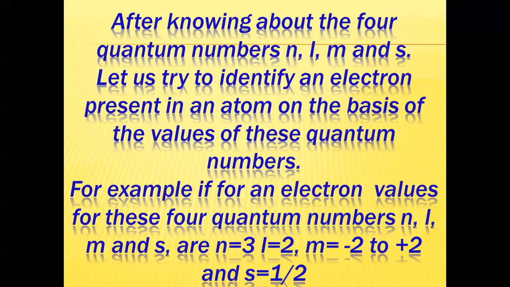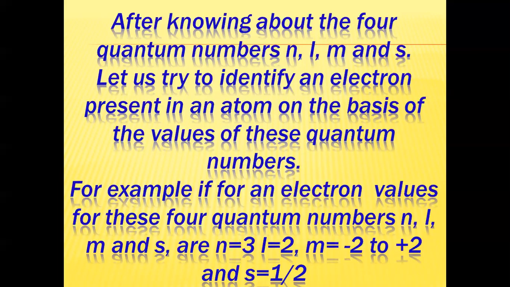Now, after having the knowledge of all four quantum numbers, namely principal quantum number n, azimuthal quantum number L, magnetic quantum number m, and spin quantum number s, we will be able to identify an electron present in an atom on the basis of values of these quantum numbers.